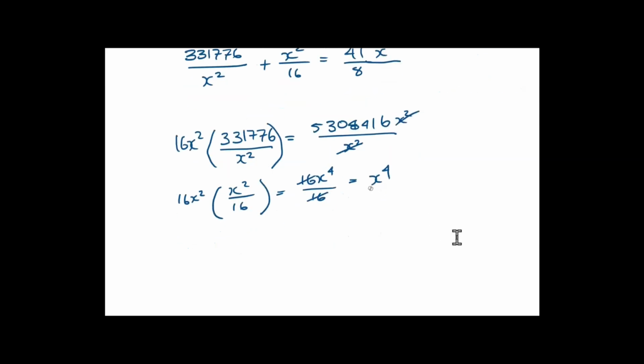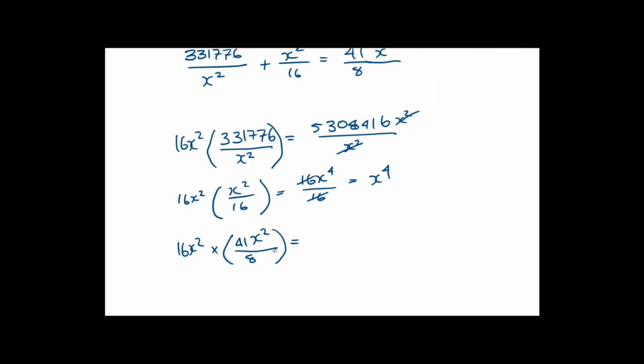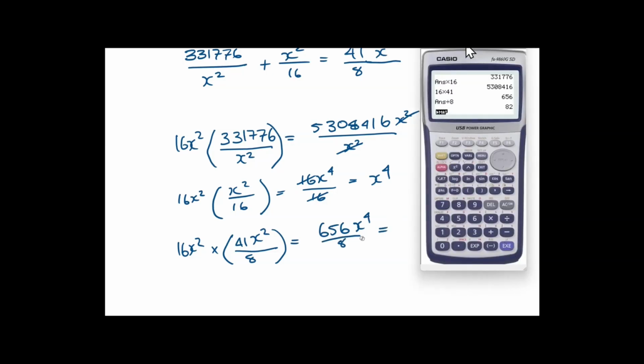Okay, now we want 16x squared times 41 x squared over 8. And that's going to give us whatever 16 times 41 is, 656, x to the power of 4 divided by 8, which is 82.